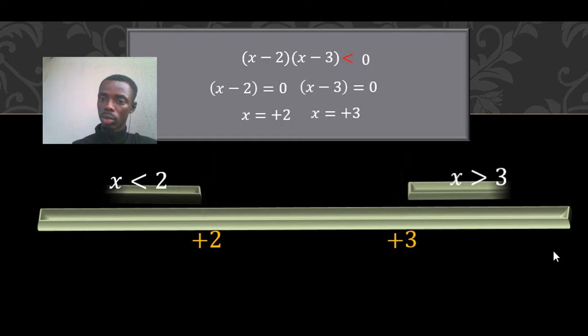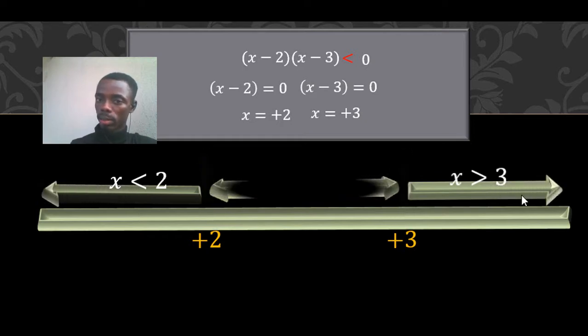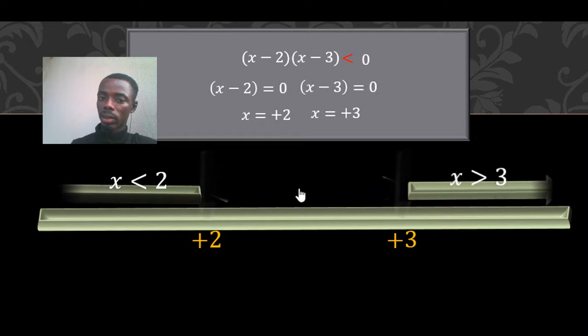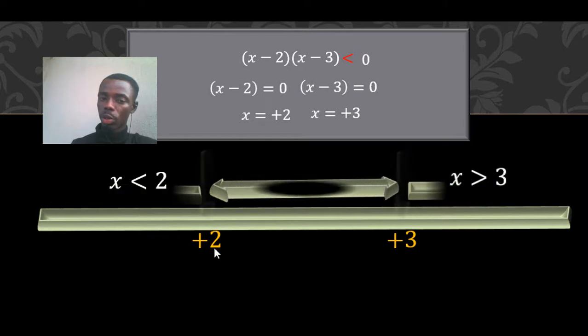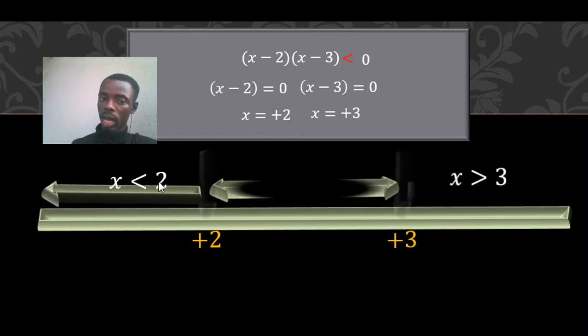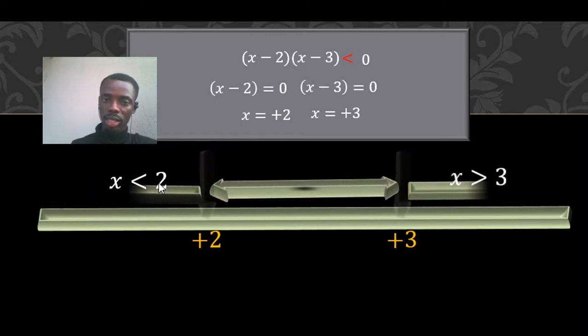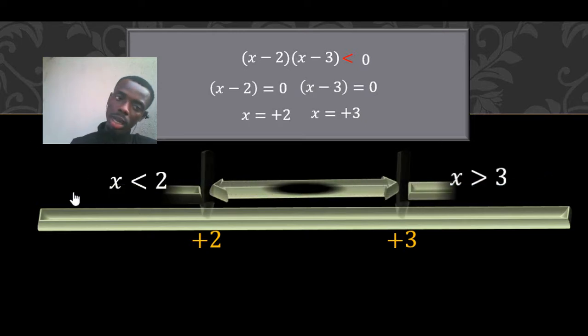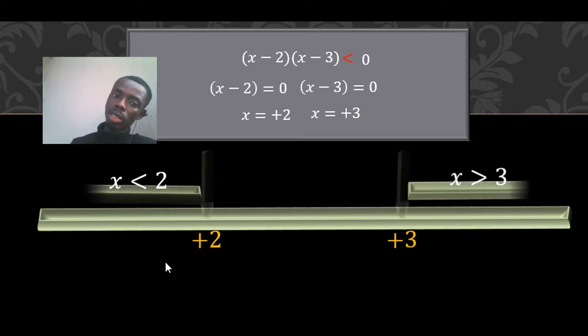That's why you have this here. Now every value of x here is just in between +2 and +3. And every value of x here is less than +2. So as this arrow goes, you'll be counting +1, 0, -1, -2, -3, and -4.